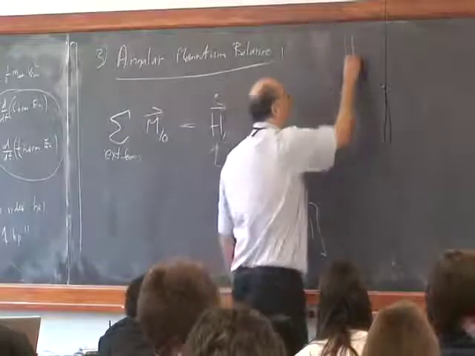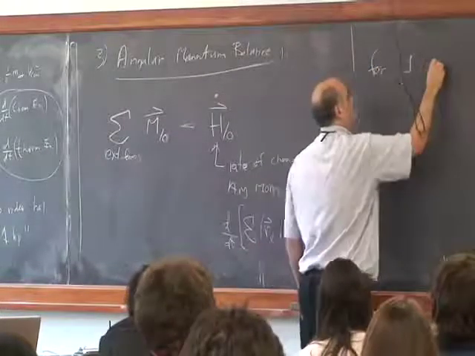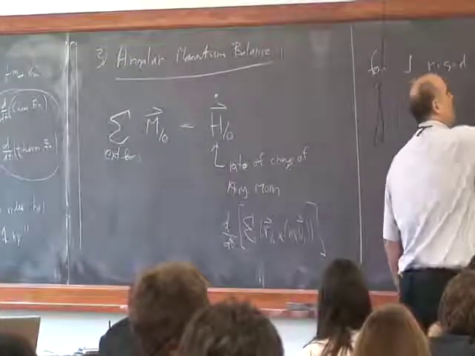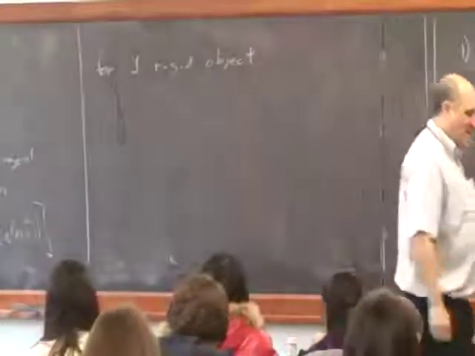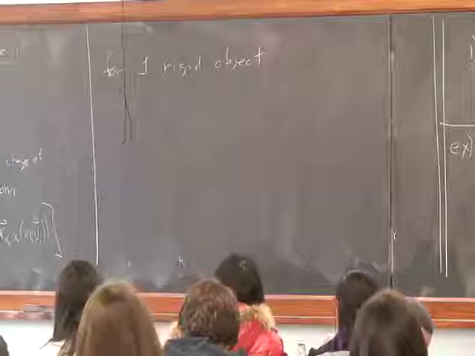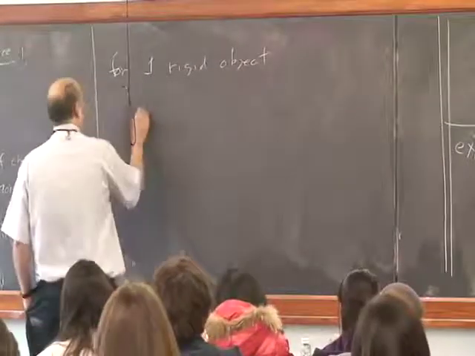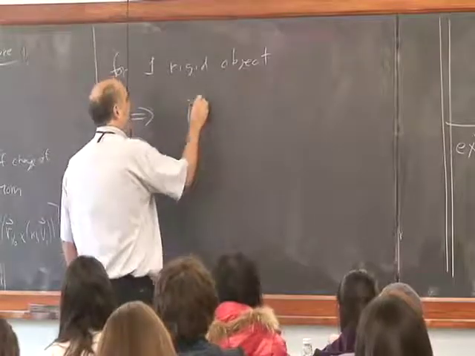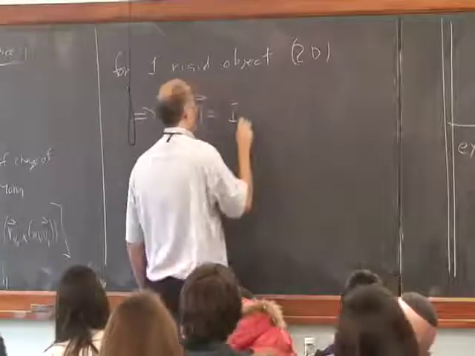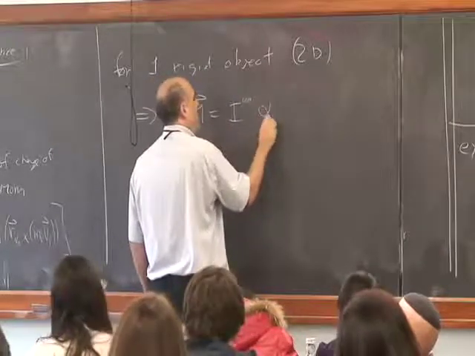Now, if all you have is one rigid object, which is all you do have in simple physics, high school physics, physics 112 or 1120, and also often in simple engineering practice, then this term turns into the moment is equal to, and let's just do this in 2D, I, the moment of inertia about the center of mass, times alpha.